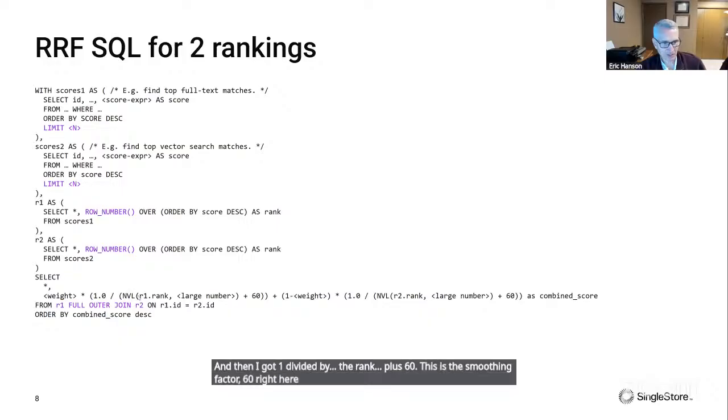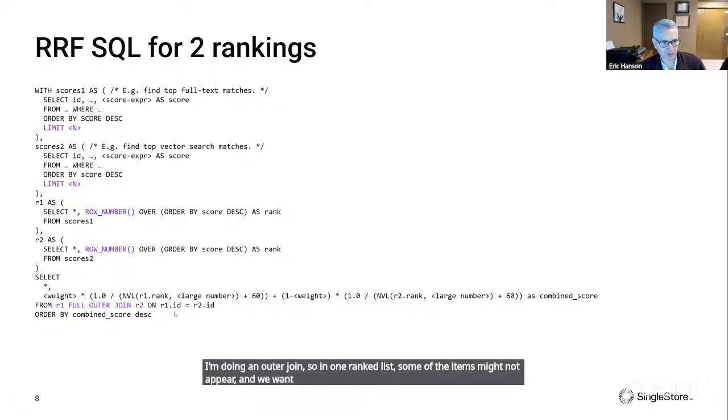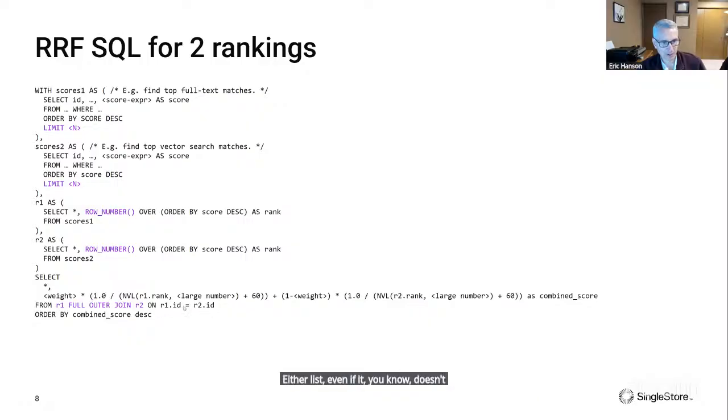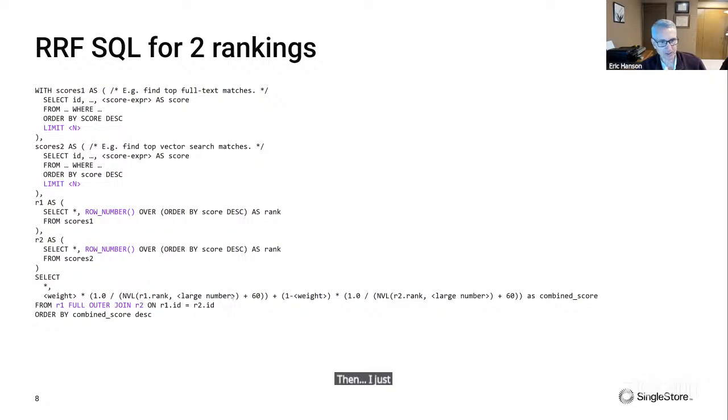I'm using this NVL function because I'm doing an outer join. In one ranked list, some of the items might not appear, and we want a contribution from either list, even if it doesn't appear on one of the lists. That's why we're doing this outer join. If I have a null rank because the outer join doesn't produce anything in one of these 2 lists, then I just put in some large number as the rank, like 1,000 or 10,000.